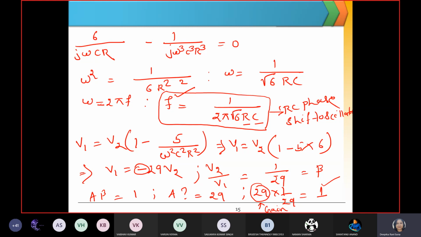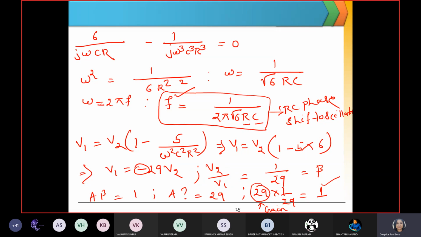So here if I ask you one question: design a three-stage RC phase shift oscillator required to produce an oscillation frequency of 6.5 kilohertz. How do you design the circuit?